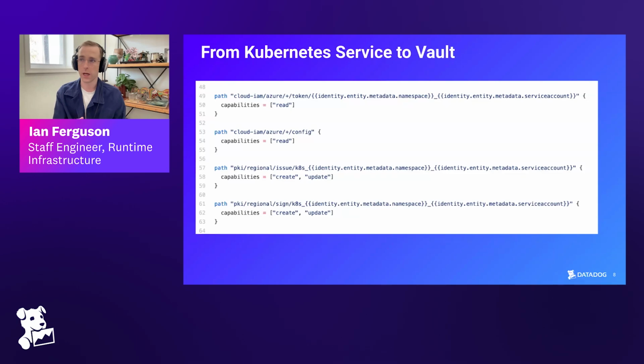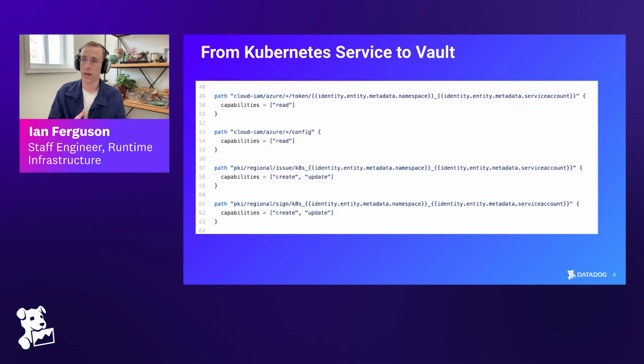What you'll see in here is a bunch of curly brace templating things that say identity, entity, metadata, namespace. That is an unfortunately verbose way of pulling in attributes about the identity in Vault, like its namespace or service account in the case of Kubernetes, so that we can automatically entitle those applications to read from specific paths based on their identity.